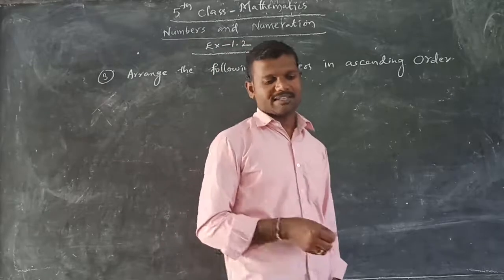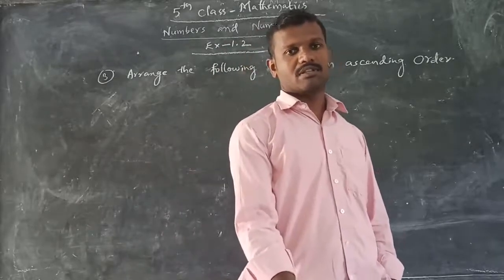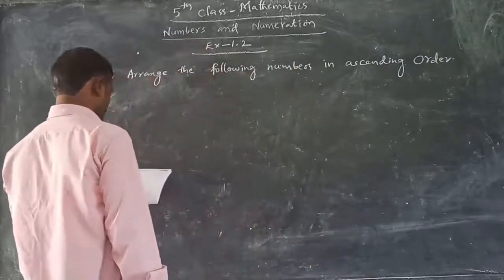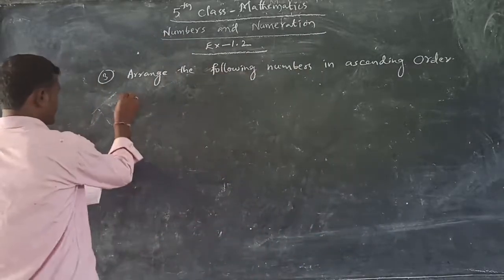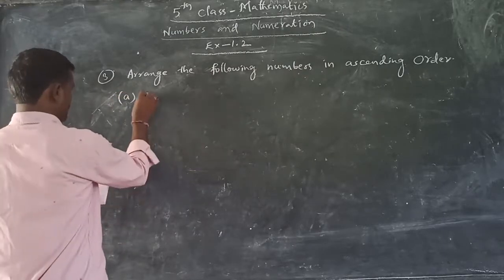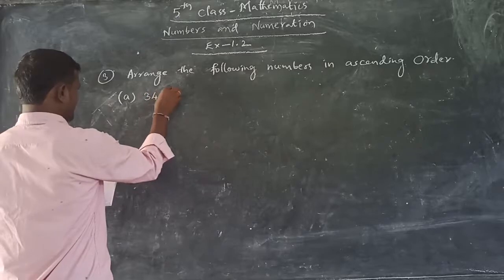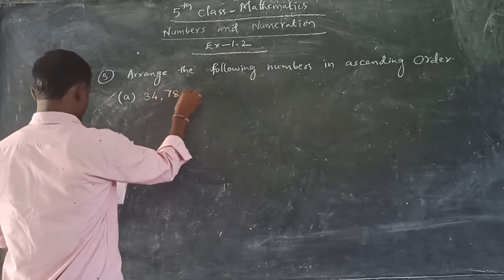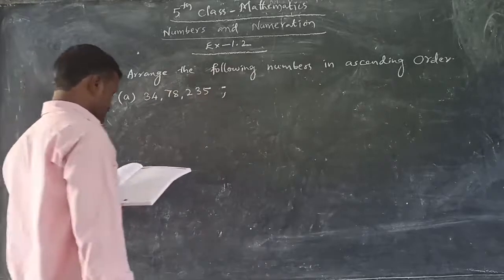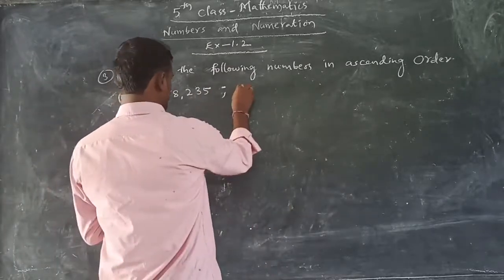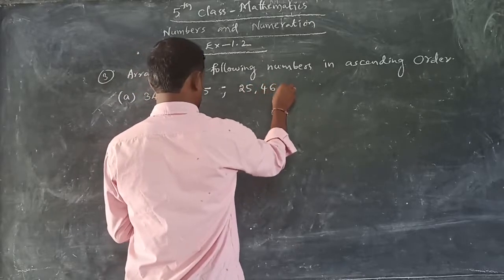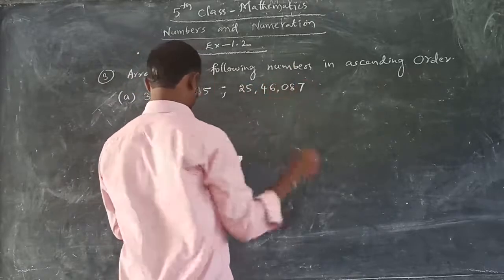In our exercise 1.2, the third bit problems are, what are the third bit problems? Arrange the following numbers in ascending order. In that, A. What is A? 34,78,235. It is the first number. 25,46,087.